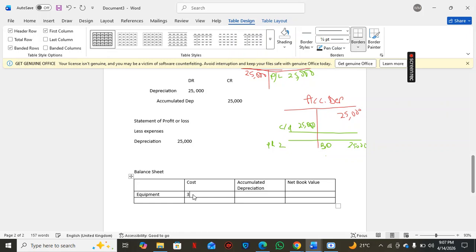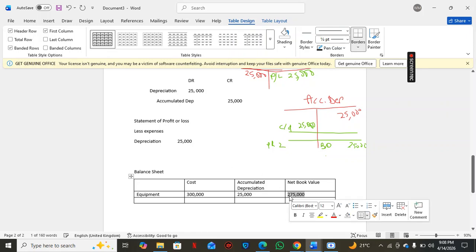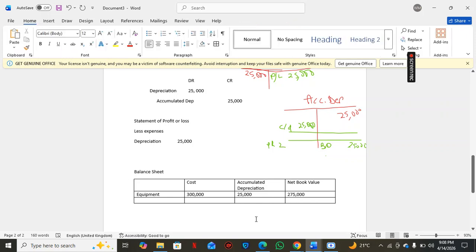Its cost was 300,000. Accumulated depreciation 25,000. So 300,000 minus 25,000, 275,000. After year one, this is the worth of this asset, 275,000. Any questions before we go to year two?